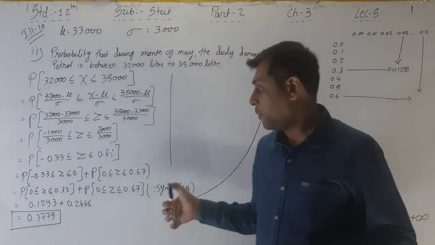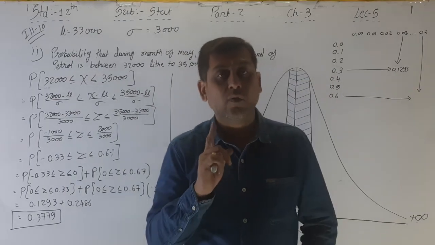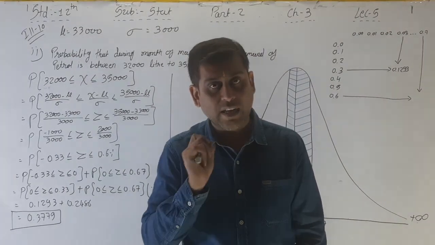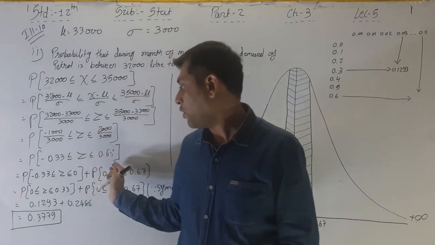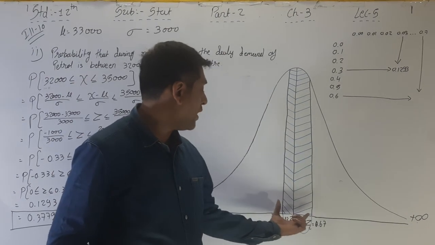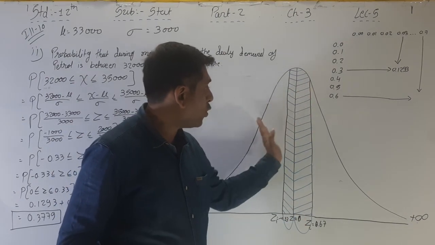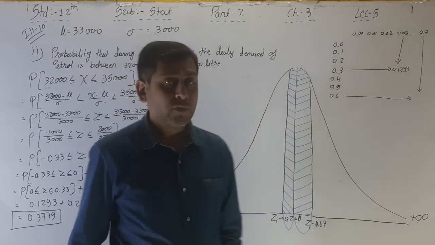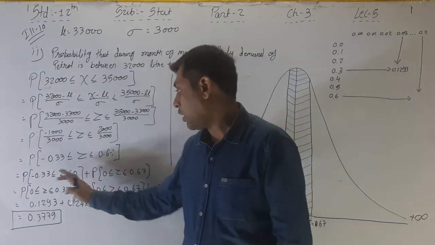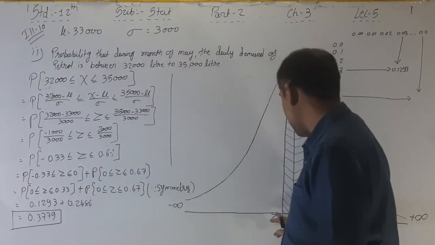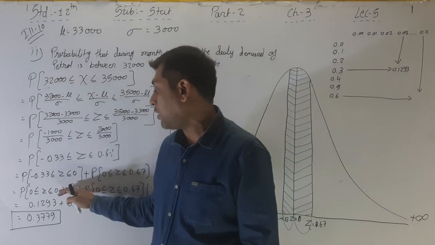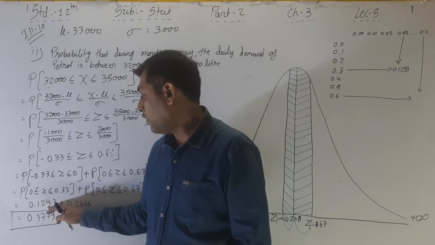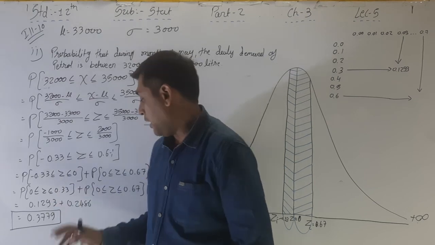First of all, complete that and then we will write one line for the final answer. Please complete this. First of all, find out the probability, then prepare the area, which are the areas on both the sides of the perpendicular, then write down the total, that is minus 0.33 to 0 and 0 to 0.67, then convert that negative into positive, find out the value from the table.